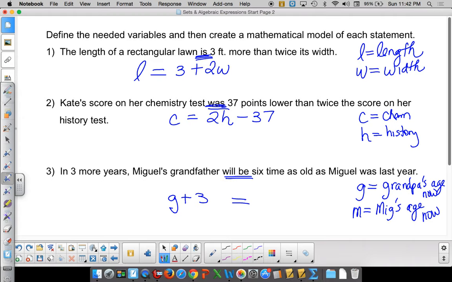The equal sign we put there. So how do I do 6 times? Well, obviously 6 times as old as Miguel was last year. How old was Miguel last year if he's M this year? Last year he was M minus 1, and of course I have to put that in parentheses to take it times 6. And there you've translated the words into symbols. Let the English tell you what to do. Believe it or not, English and math have a tie-in. Okay. Go off and enjoy these wonderful, exciting problems.